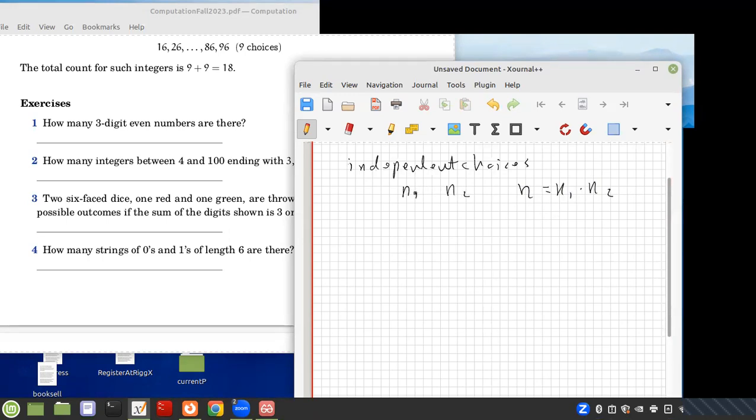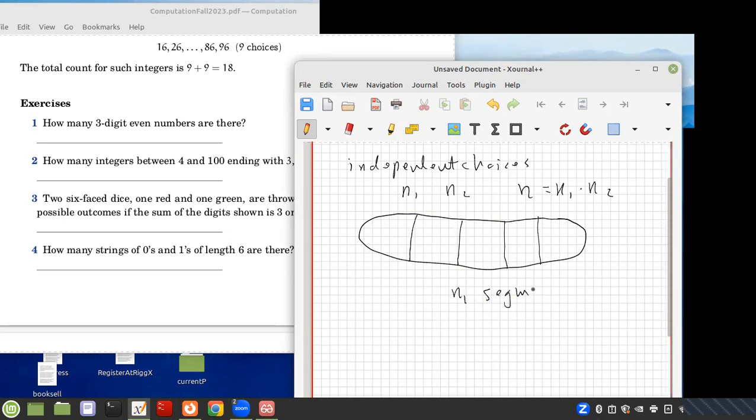So the idea here was, let's see in terms of what this idea is. Let's say that all your items are some big set. This is a set of items you want to count. And let's say that you can divide this up into N1 segments. These are subsets that don't have any overlap, but that add up to be the whole thing.